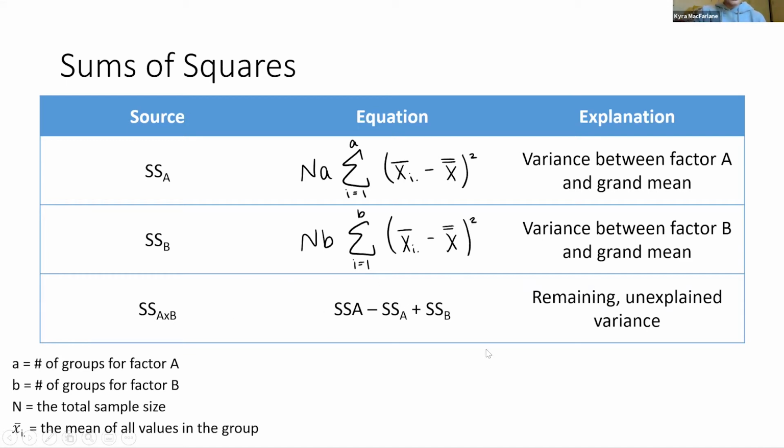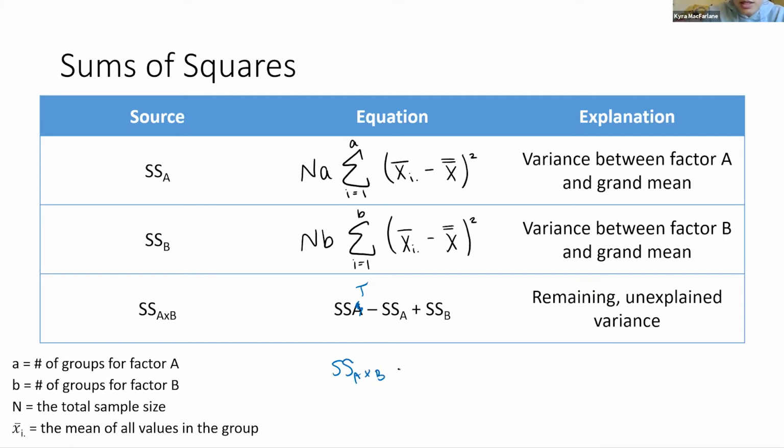The interaction is just the remaining unexplained variance. And sorry, this is actually a typo. That should be a T. I'll just write it here as well.